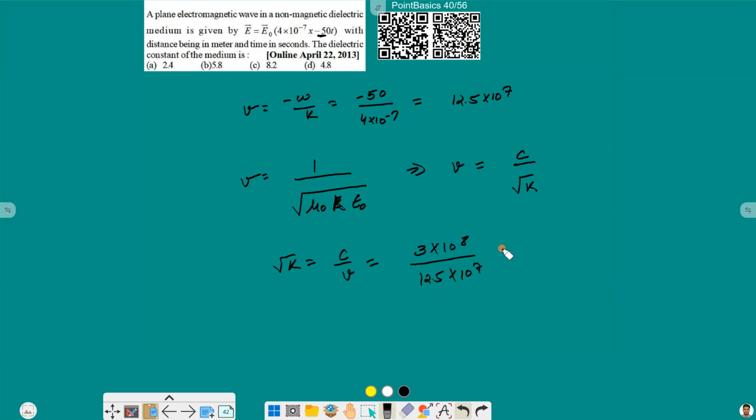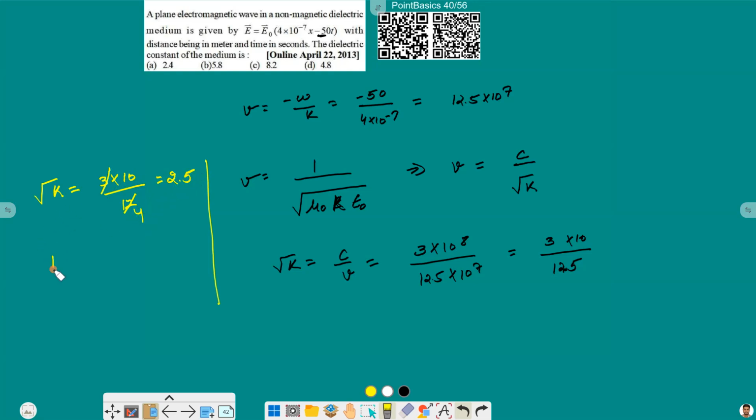So from this we will get 3 into 10 divided by 12.5. Now I'm going to approximate. I'm going to assume that this is 12. This yellow color is for approximation here. So root k will be equal to 3 into 10 by 12. 10 by 4 will give us around 2.5.